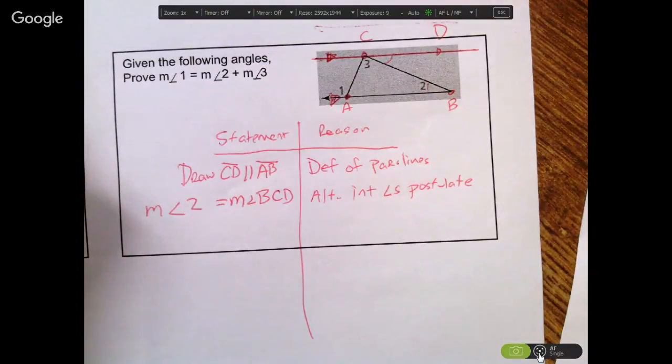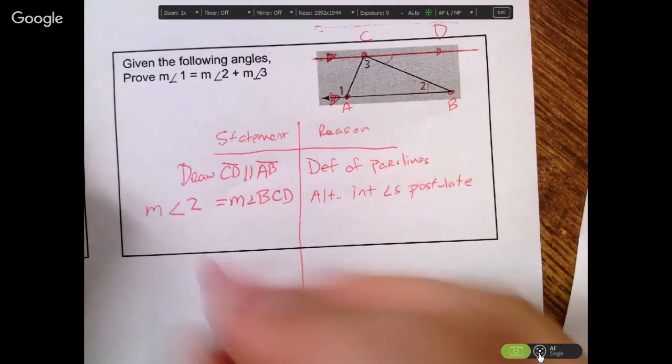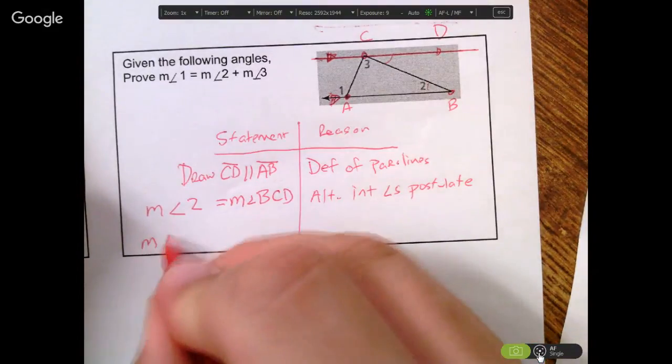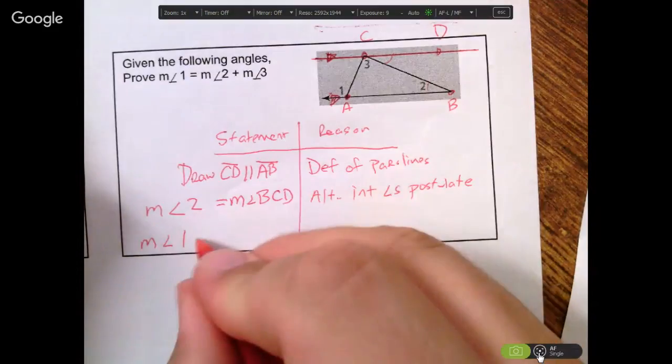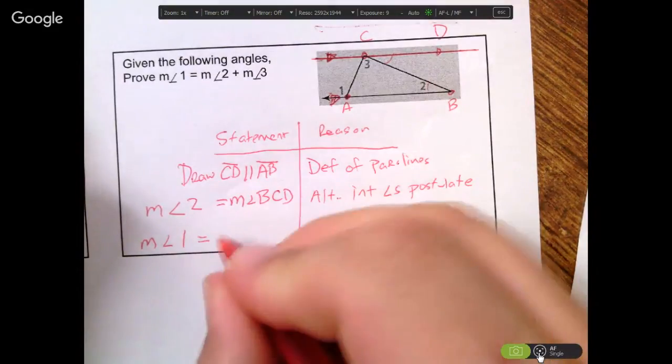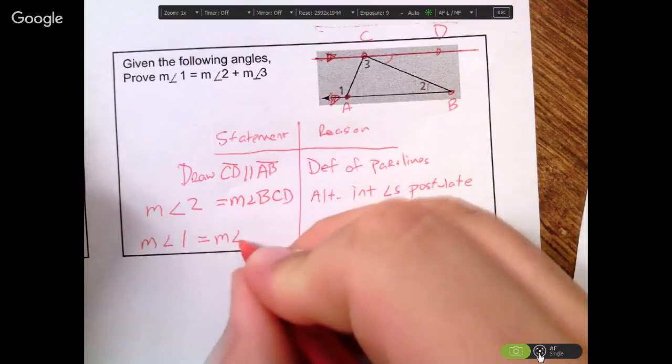And then I'm going to say that the measure of angle 1 is congruent or is equal to the measure of angle ACD.